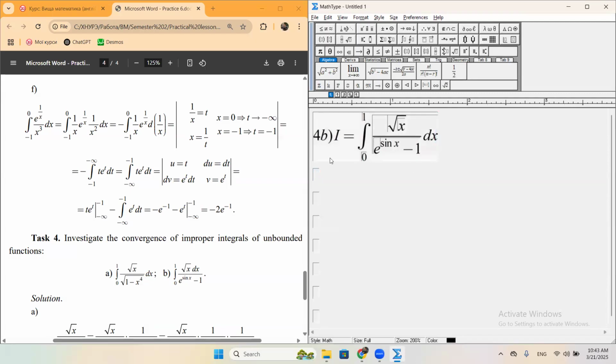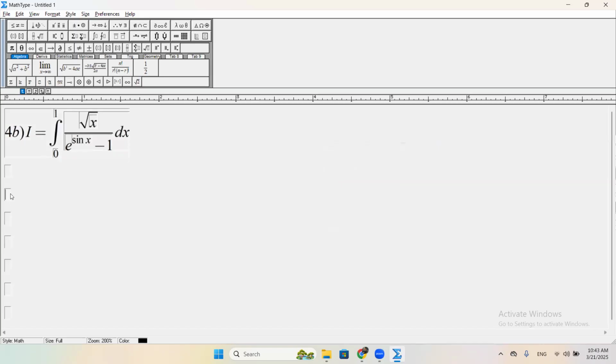So let's use the chain of infinitesimal equivalent functions. Using this chain, when x approaches 0, sine of x approaches x. So we'll have this equivalent expression.